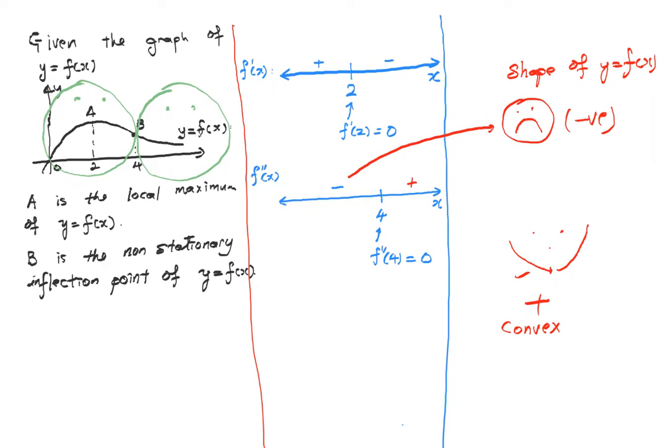So you see, I can give you the graph of f(x). You have to transfer it into a sign diagram of f prime x and f double prime x. This is the skill that every one of us must know. Any question before I go further?